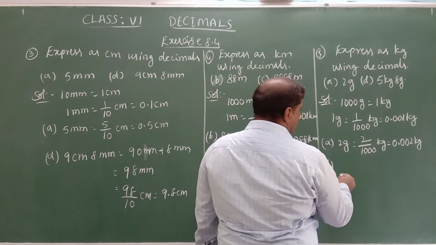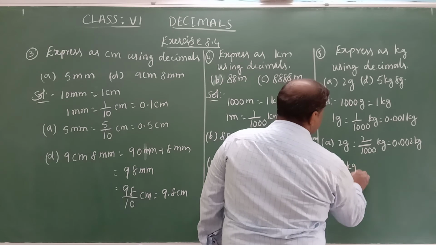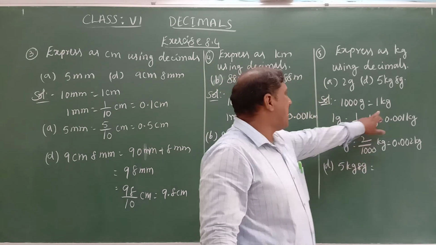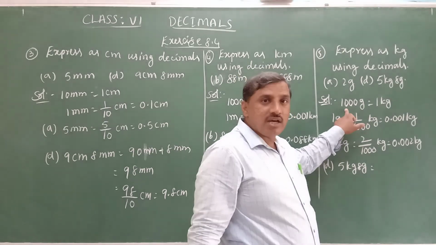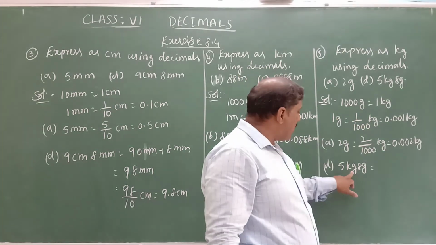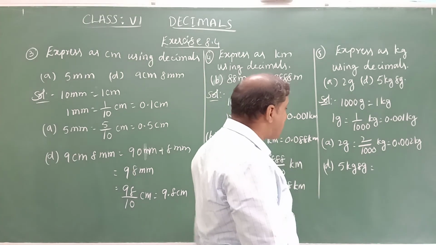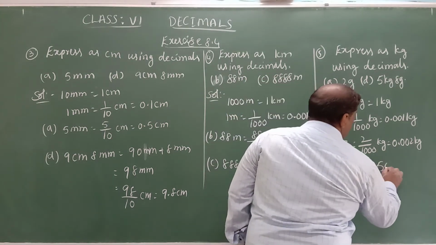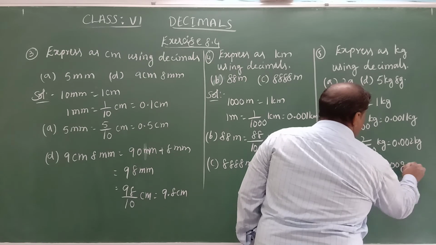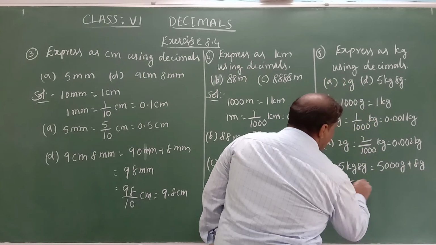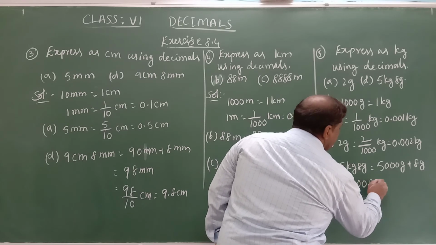Now the B bit, 5 kilograms and 8 grams. Convert all into grams. 1 kilogram is equal to 1000 grams. 5 kilograms is equal to 5 into 1000, that is 5000 grams. 5000 grams plus 8 grams. So together how much do we get? By adding both, 5008 grams.